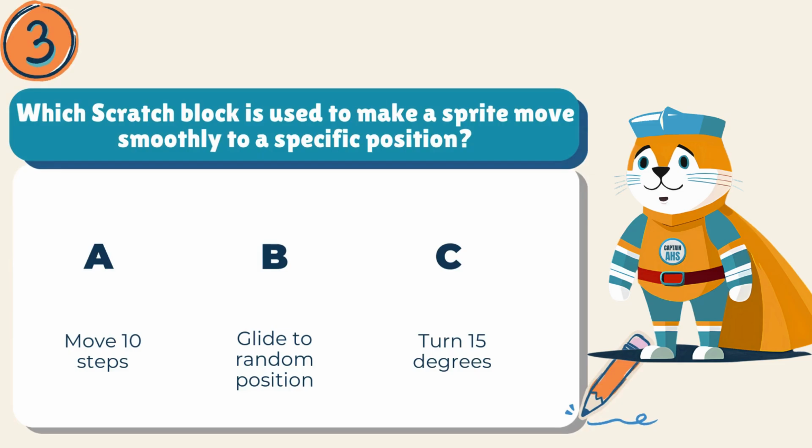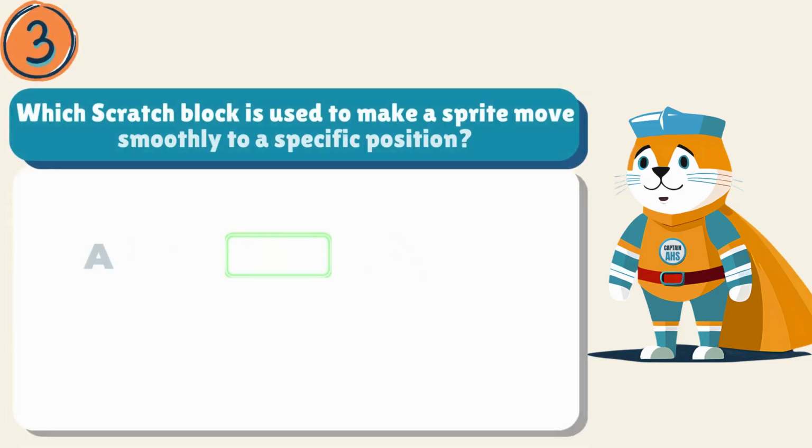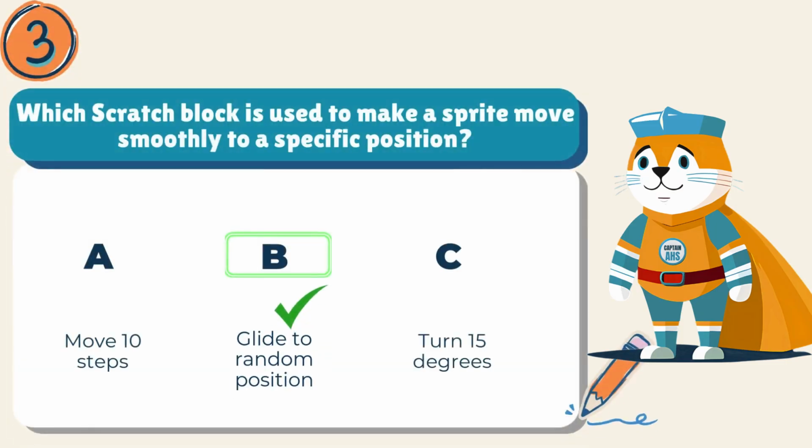Option A, move 10 steps. Option B, glide to random position. Option C, turn 15 degrees. Option B, glide to random position.